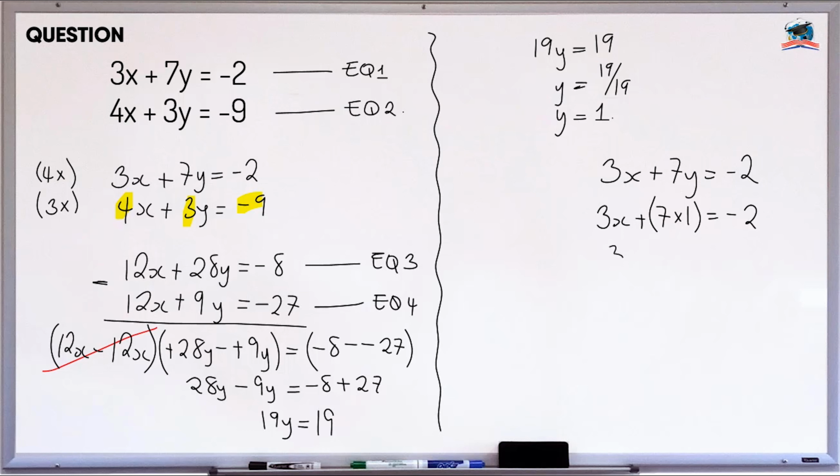So we have 3x plus 7 is equal to minus 2. Move the 7 to the other side, and we're left with 3x is equal to minus 2 minus 7, which is minus 9. Then x will be minus 9 divided by 3, and our x will be minus 3.